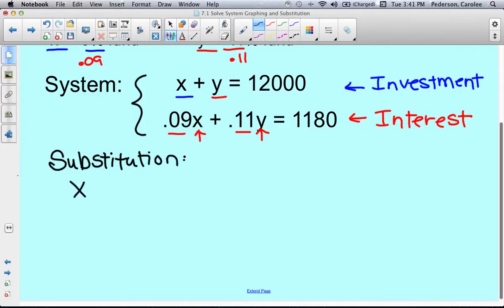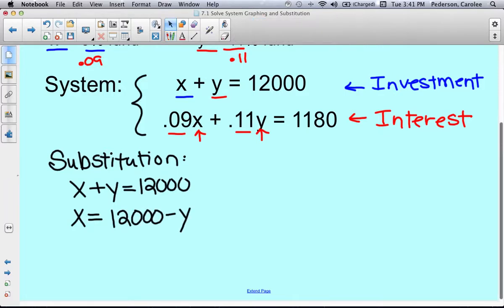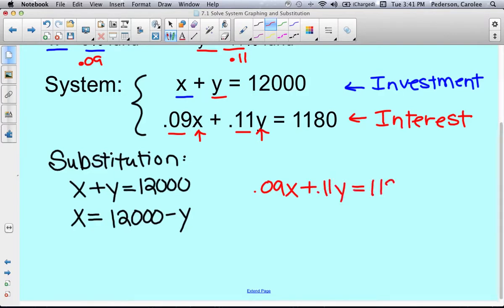you start with one of the equations. It's easier to start with the top one in this example and solve it for a variable. You can choose either the x variable or the y variable. I'm just going to solve it for x, so x equals $12,000 minus y. Now we're going to go into the interest equation, 0.09x plus 0.11y equals $1,180.